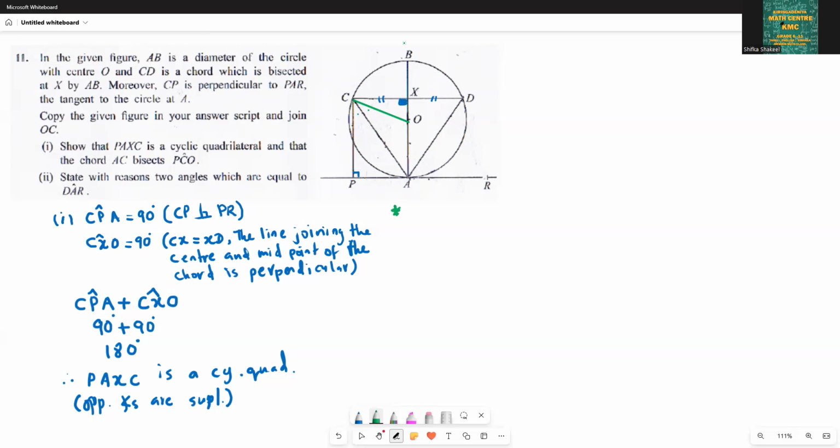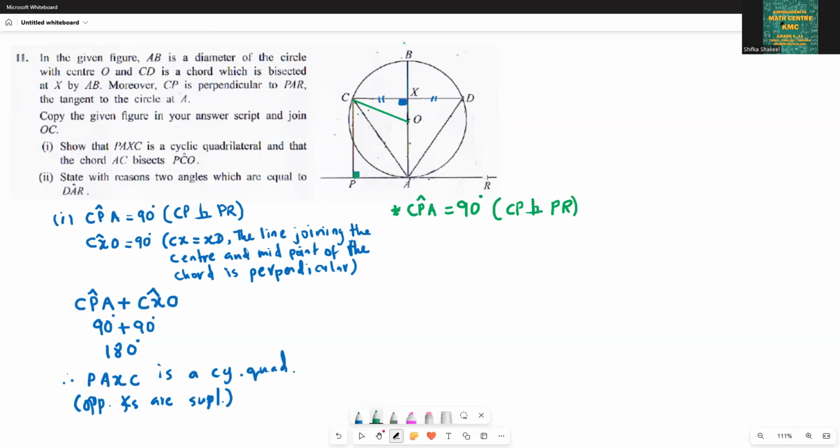Angle CPA equals 90 degrees, because CP is perpendicular to PR. Already I have written this in the first part. Here this angle is 90 degrees.